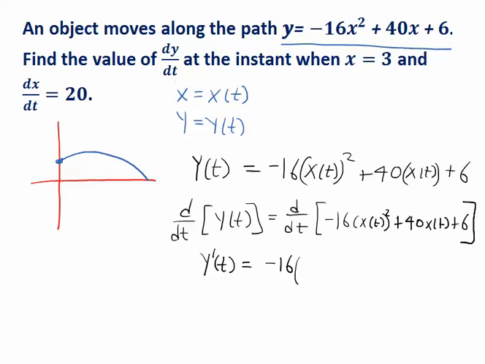If I do that, I have to take the derivative of the outside function, x squared. That gives me 2x. Plug in the inside function, which is x of t, and multiply by the derivative of x of t, which we would write as x prime of t. So that's just the chain rule there. On the next piece, it's not as complicated. I just have 40 times x of t, and so the derivative will be 40 times x prime of t. And then the derivative of the constant 6 will be 0.